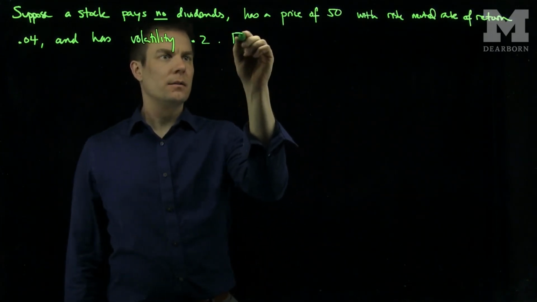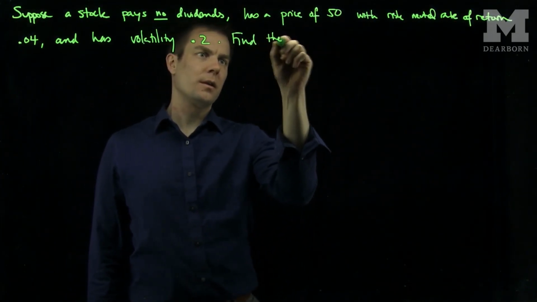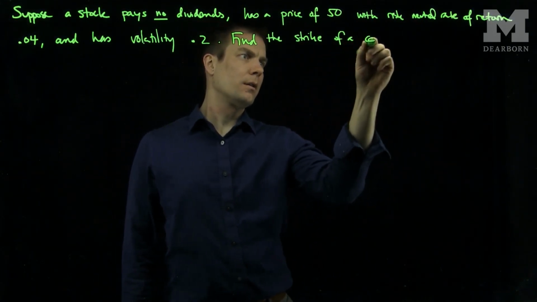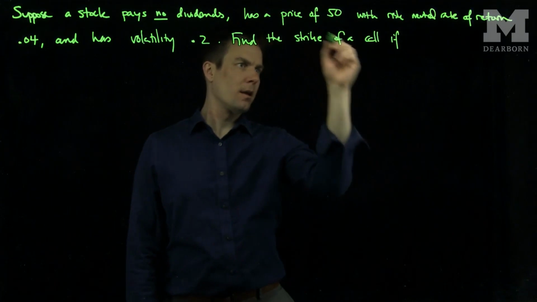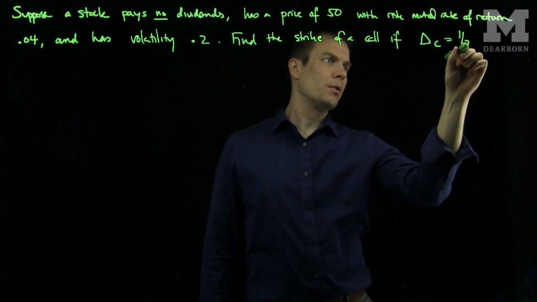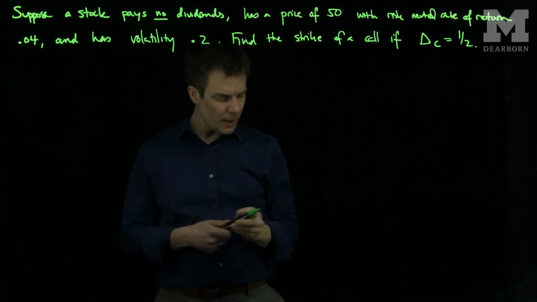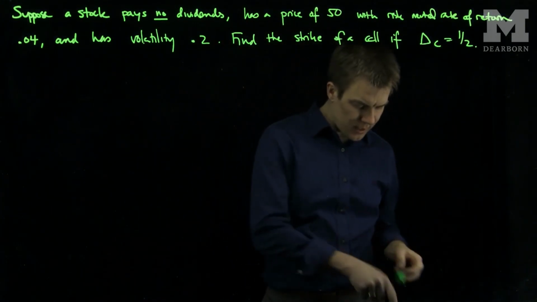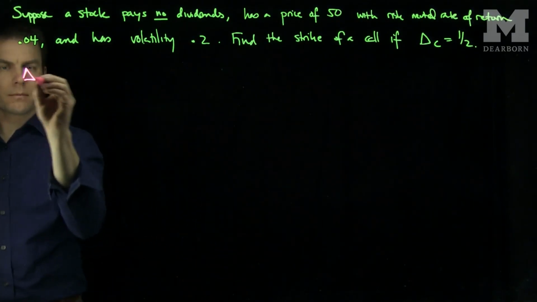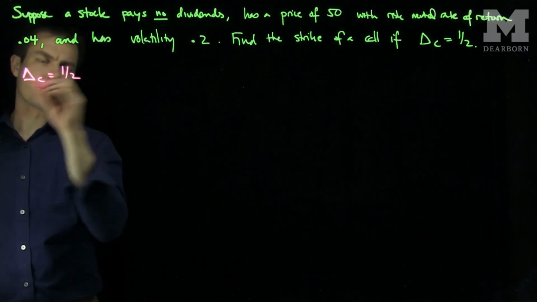Let's find the strike of a call if the delta of this call option is 1/2. So, to analyze this problem, we're given the delta of the call is 1/2.